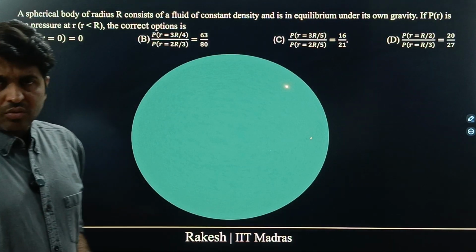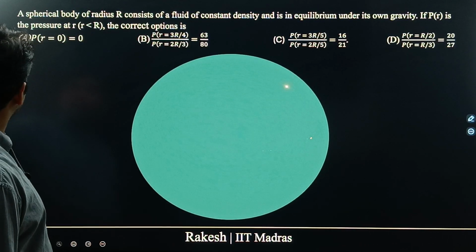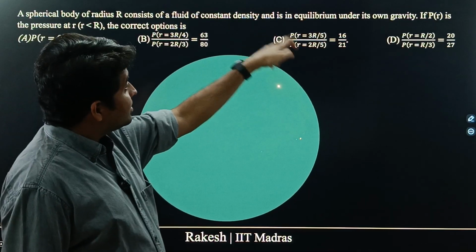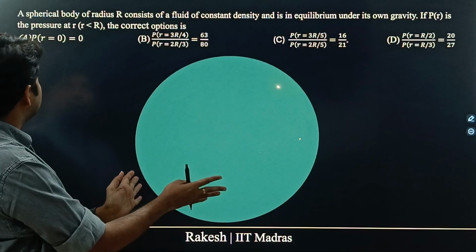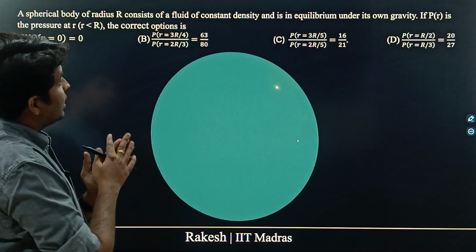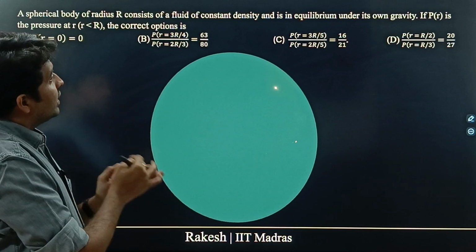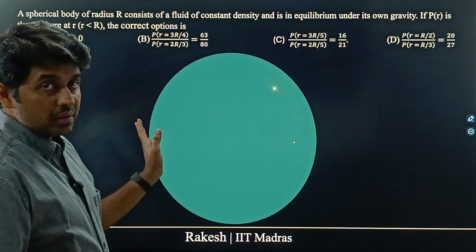Okay. So the first question: a spherical body of radius R consists of a fluid of constant density and is in equilibrium under its own gravity. So this is a spherical body of radius R, and it is a fluid. Think of it like water. It is in equilibrium under its own gravity.